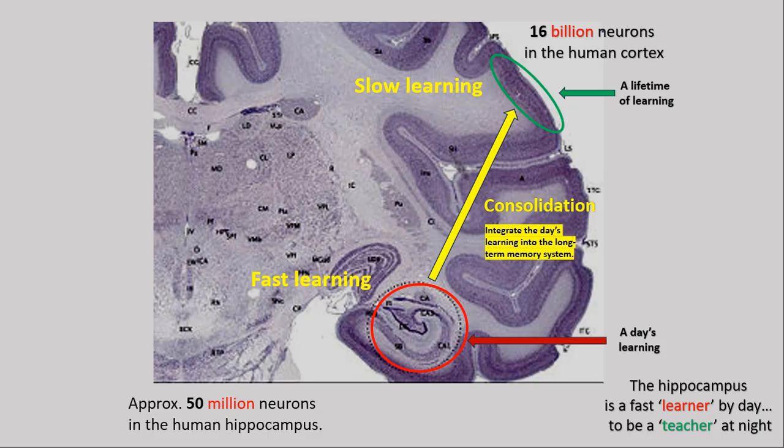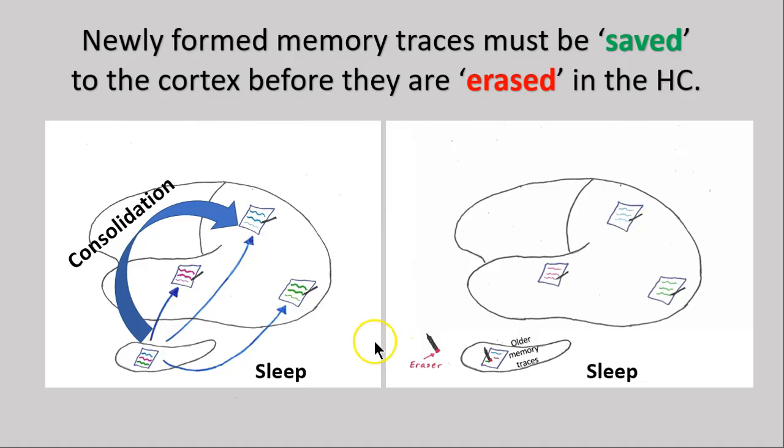Now there's another reason that we have to do this consolidation process, and that's because of the low capacity system here. These hippocampal memory traces have to be refreshed, they have to be erased to prepare the hippocampus for new learning. So there are two phases of sleep that we need to understand. During the first phase of sleep, we do the memory consolidation. We strengthen the cortical memory traces.